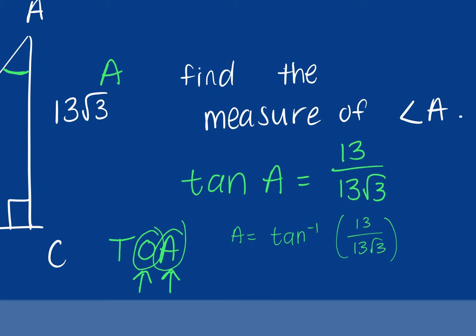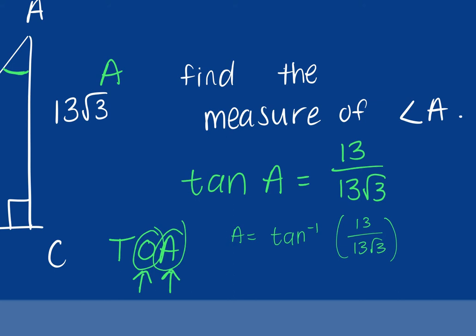So switch back over to your calculators. Let me clear this. We're going to do the tangent inverse, that's the tangent to the -1, of 13 divided by 13 times the square root of 3.